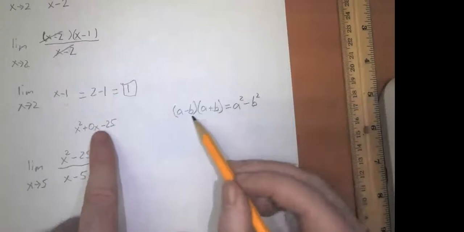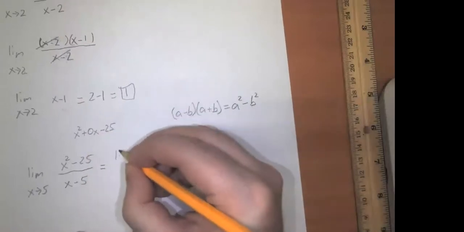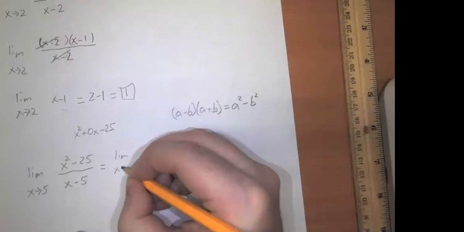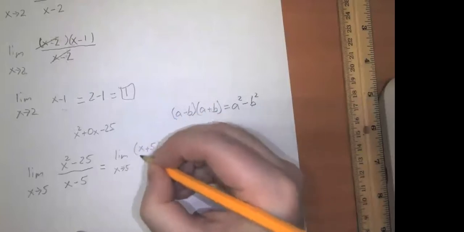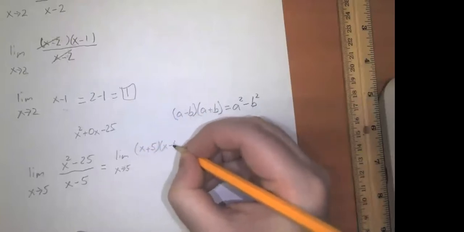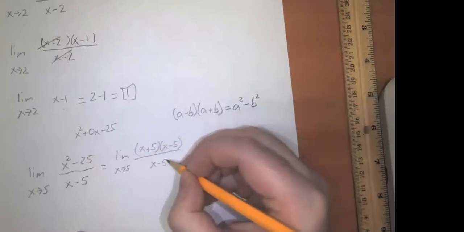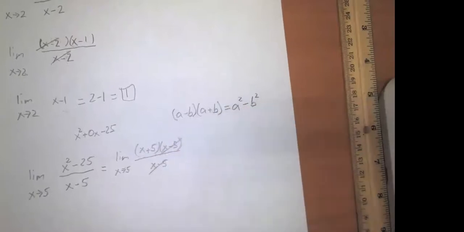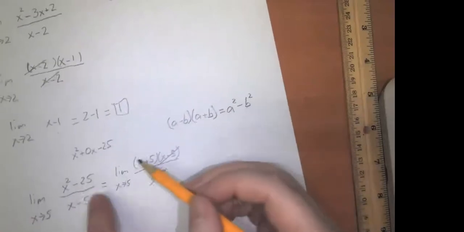So either way, either one of those tricks, you're going to see that that's the limit as x approaches 5 of x plus 5 times x minus 5 over x minus 5.